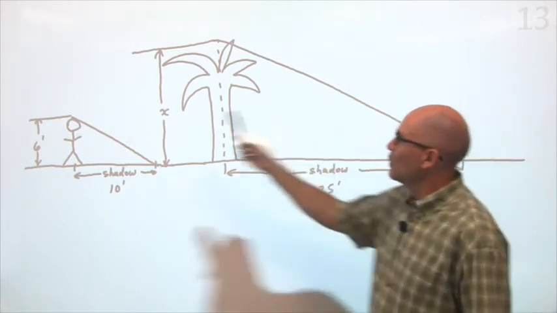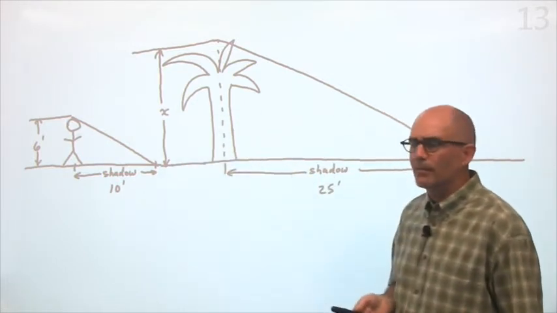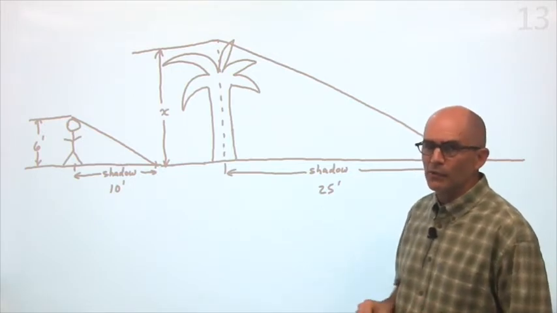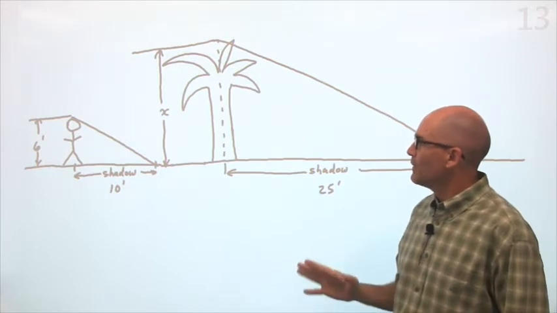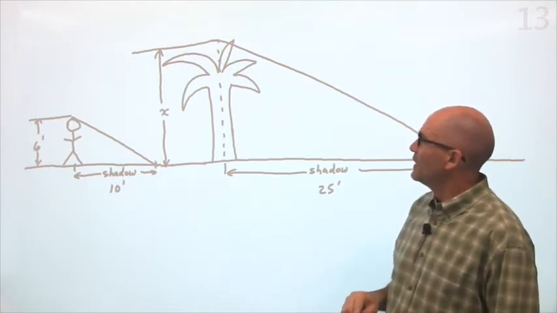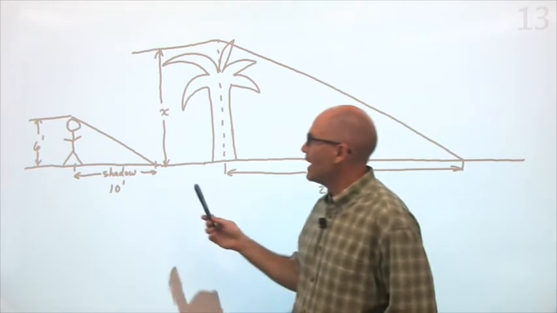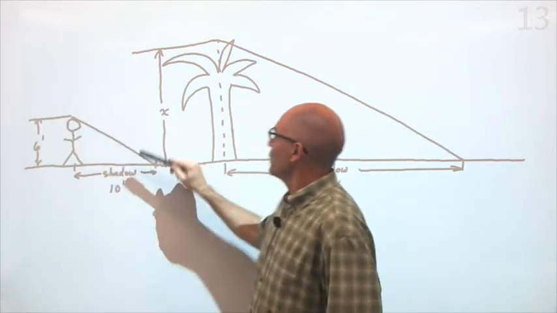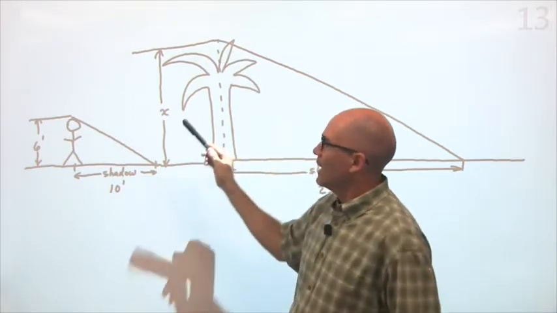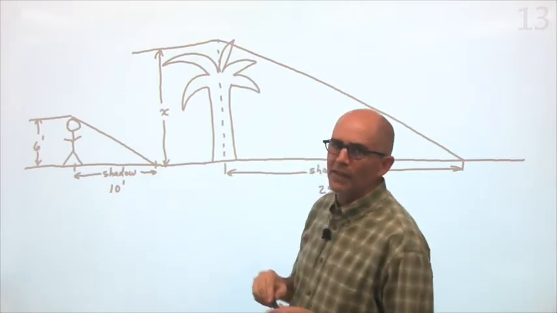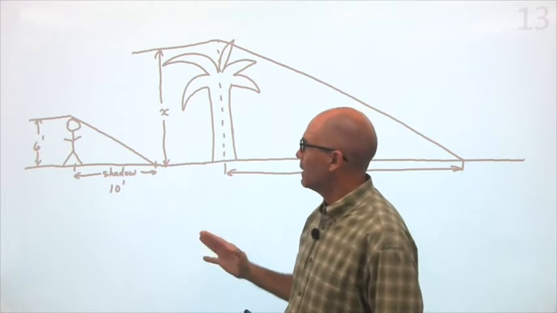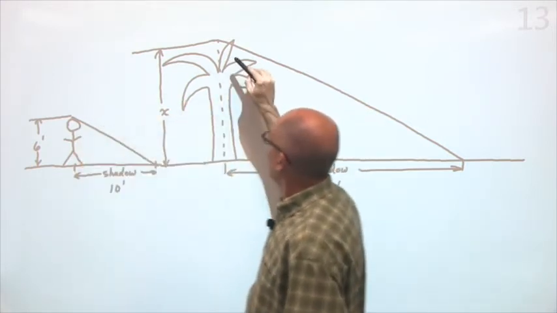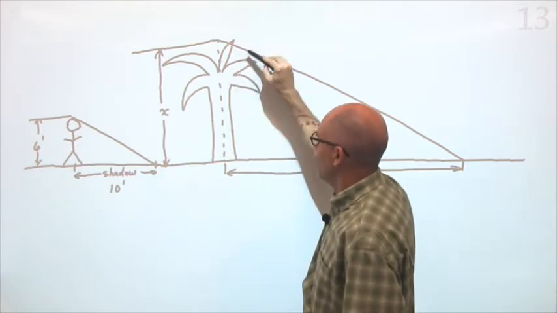Now, are these two similar triangles? How could you guarantee that they are similar triangles? Well, first of all, we know that the sun is the same angle in the sky, no matter if you're talking about a person or a tree. So it's close enough to the same that it really can be considered equal. So that means the top angle here is congruent to the top angle here.